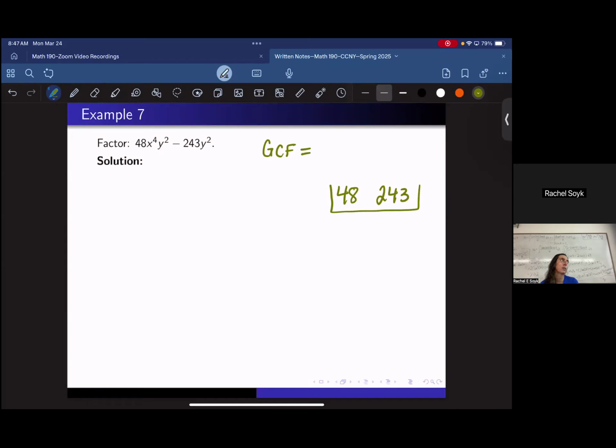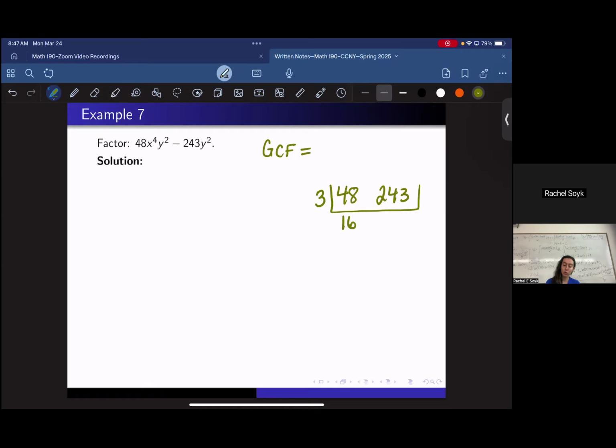243 is a large number, but when you take the sum of its digits, it ends up being 9. Remember that trick from, I think, either our first lesson or second lesson of this course? It's divisible by 3, right? And so is 48. How many times does 3 go into 48? Well, we know 12 times 3 is 36, so it's a little higher than that. 16, thank you.